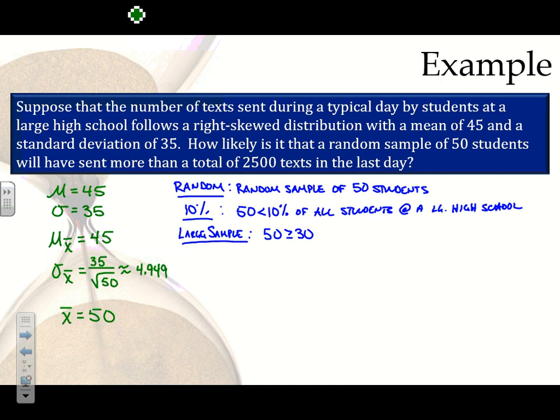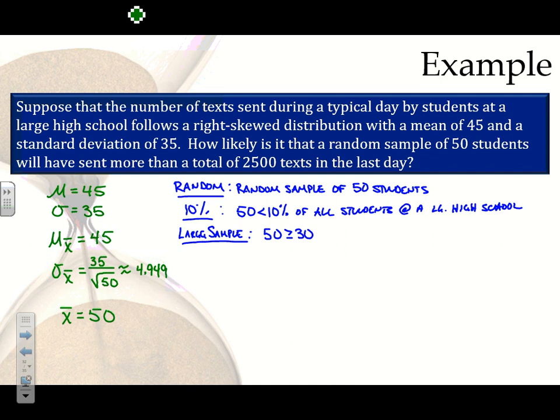I would then take my standard deviation of 35, multiply it by 50, that's my total standard deviation. Do you guys understand that? On these types of problems, it does not matter which way you go. Whether you do it the way I have it set up here, or convert everything to total number of texts, you're going to get exactly the same numbers regardless. So that's just something to keep in mind here.